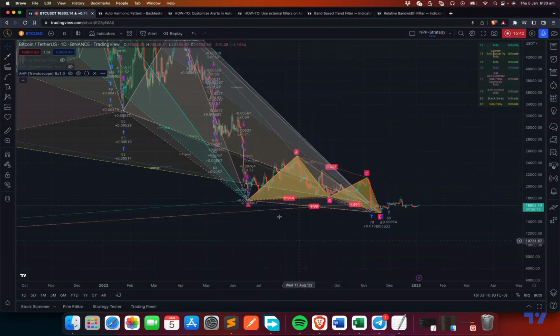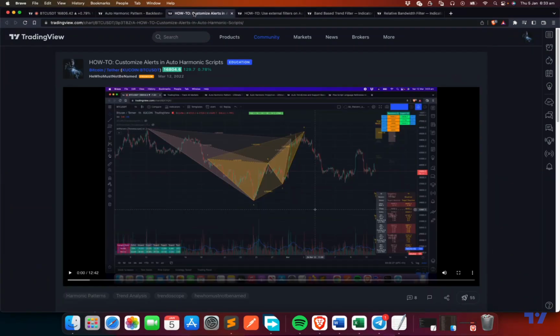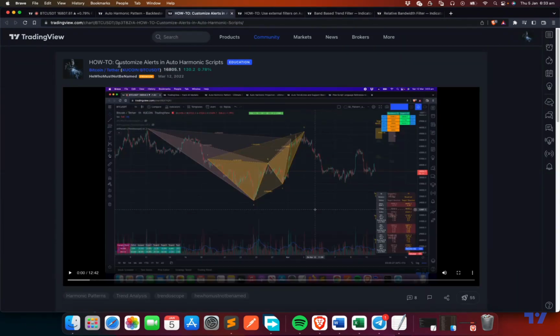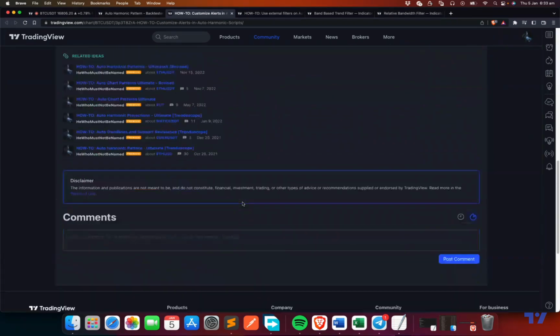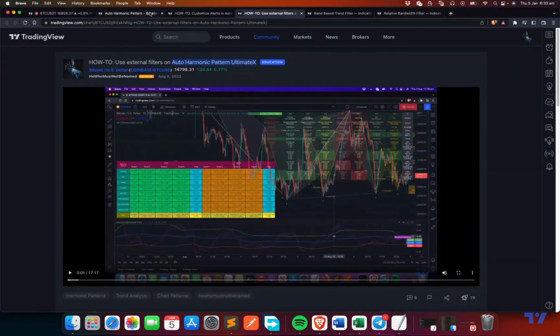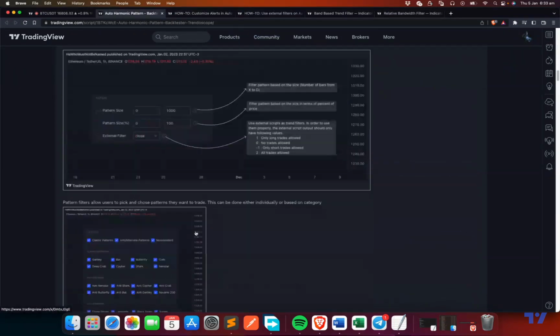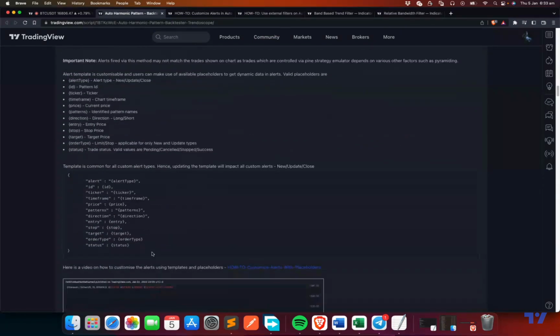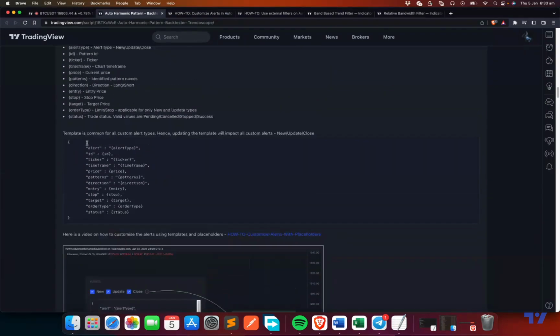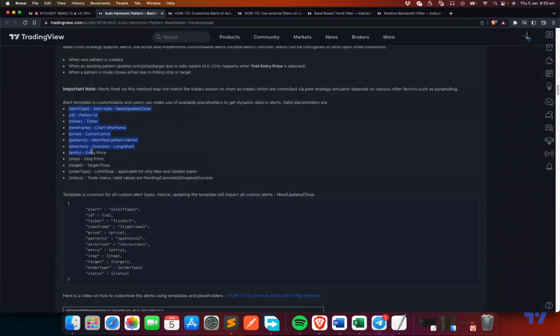And also to understand more about the template based alerts, there is another video here on how to use customizable alerts in Harmonic scripts. So there's another video here which you can look into. I also mentioned this in the script here, about the same video, and also some details here about what the different placeholders available are, what they mean, and the default template.